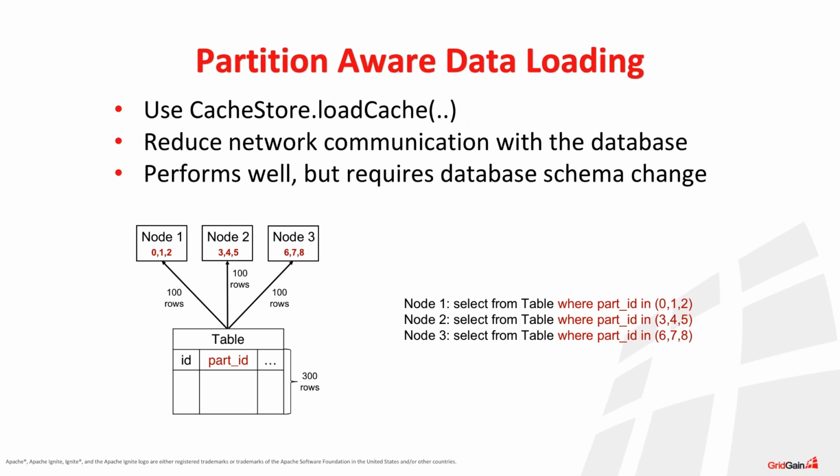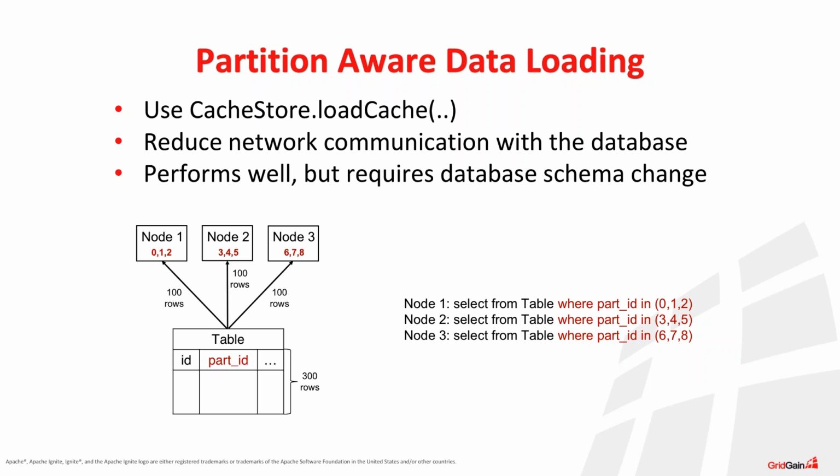However, there is a pretty interesting trick that you can use to speed up the process when you use the cache store. As I already mentioned, there is a big disadvantage of this approach: you load all the data on each node, which can seriously overload your network, especially if there are a lot of nodes.